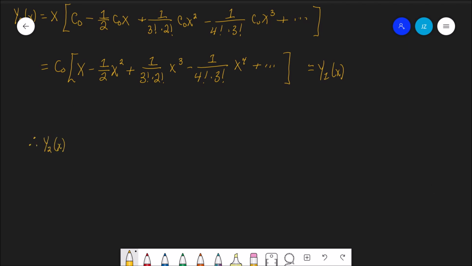And we do this using reduction of order. So it's going to be y1, which was the summation n equals 1 to infinity, negative 1 to the n minus 1, x to the n over n factorial times n minus 1 factorial.